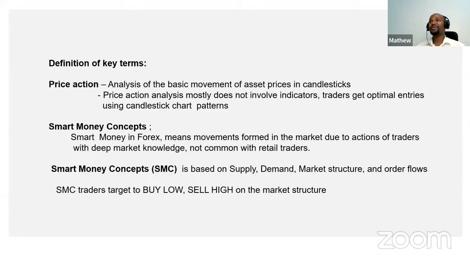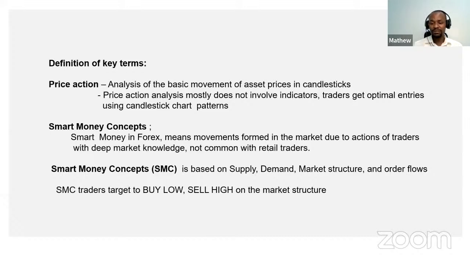Mostly when they are entering those orders, it's kind of hidden. They enter them in the form of icebergs, very little and distributed such that it's very hard for retail traders to understand. That's why we're trying to find where they are, and we use the market structure.